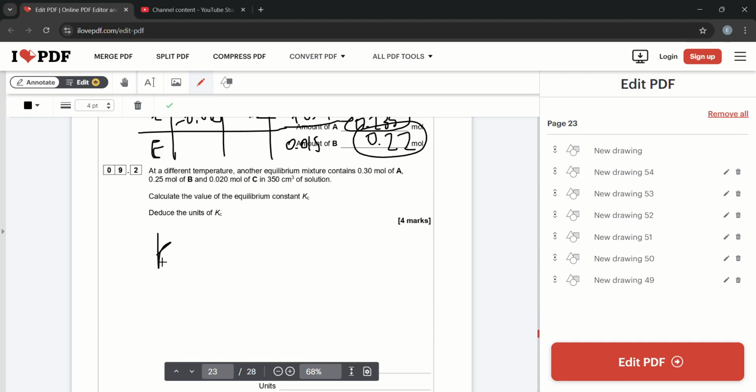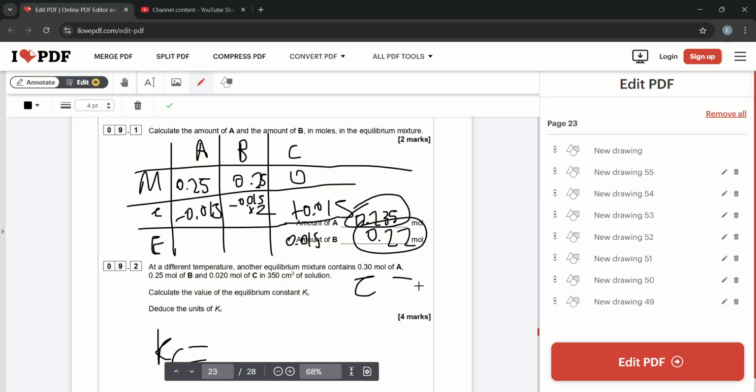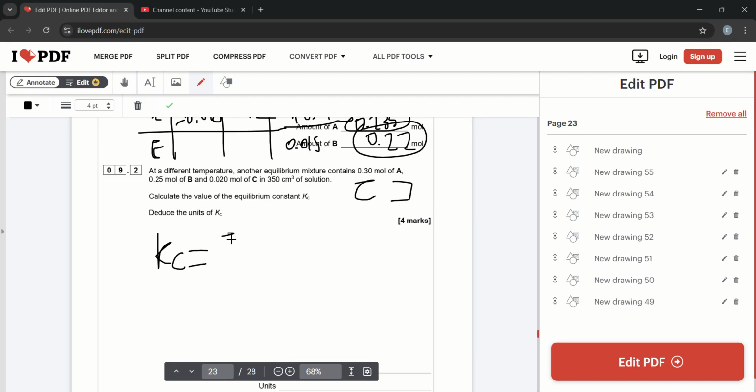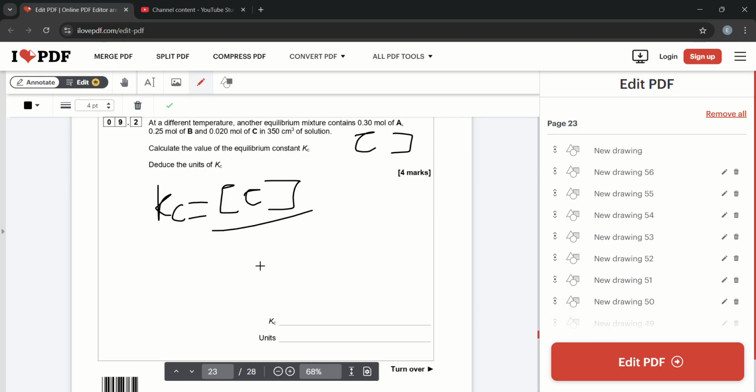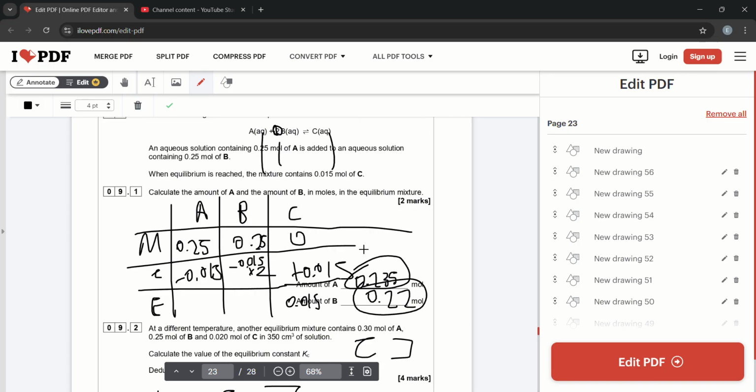So we know Kc is equal to products over reactants in square brackets, remember. So square brackets C divided by square brackets A times square brackets of B squared.